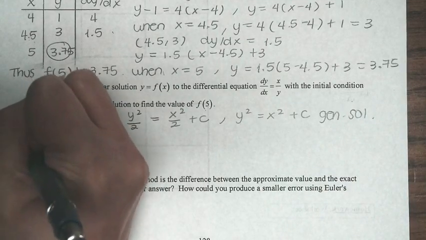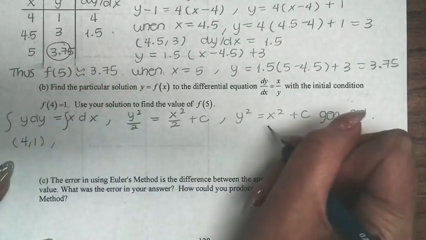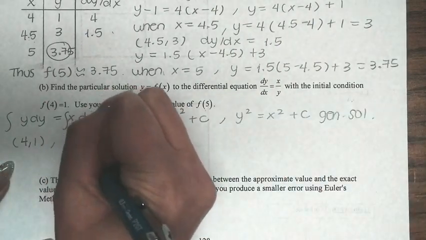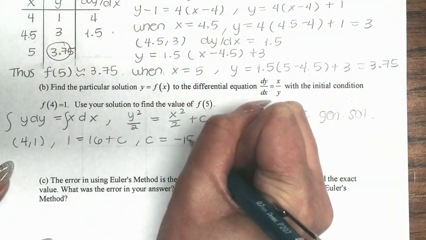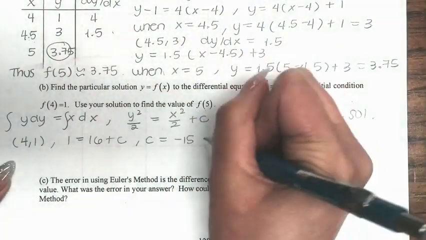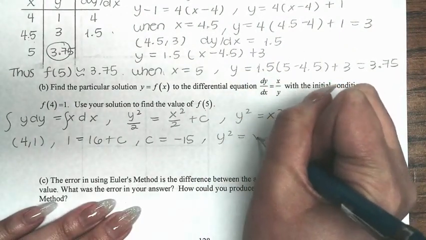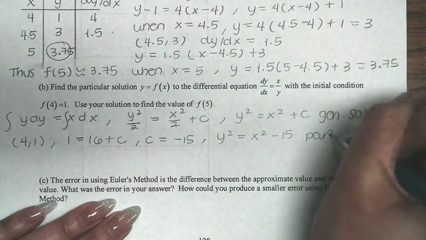I'm going to use the point (4, 1) to find my particular solution. I plug these points in, and you have 1 equal to 16 plus c, so c is equal to negative 15. Therefore your particular solution is y squared equals x squared minus 15.